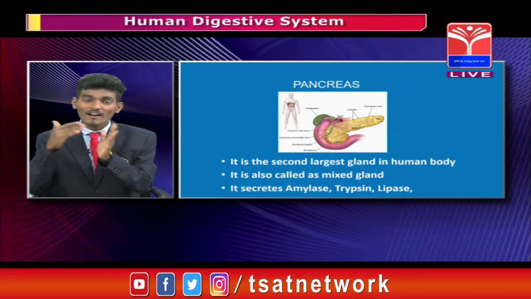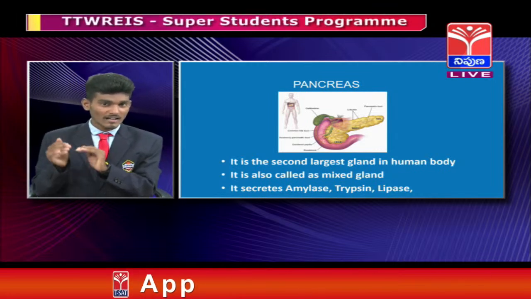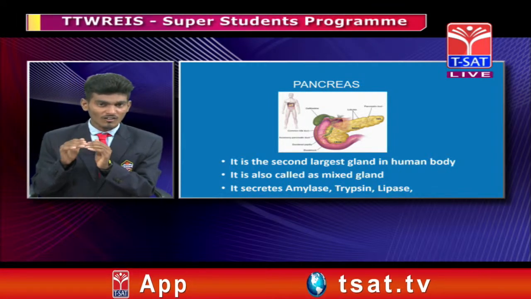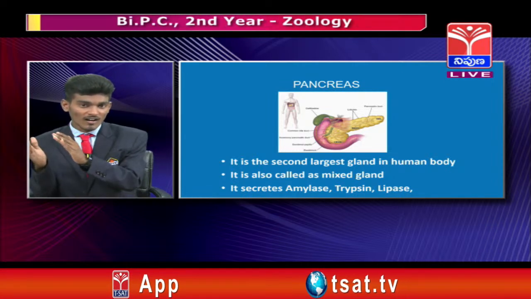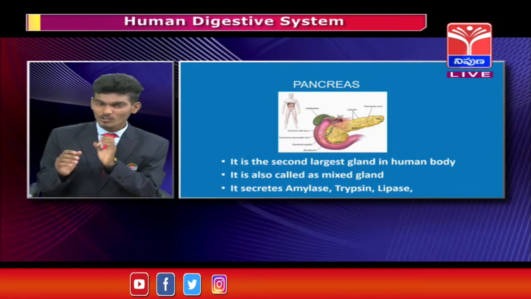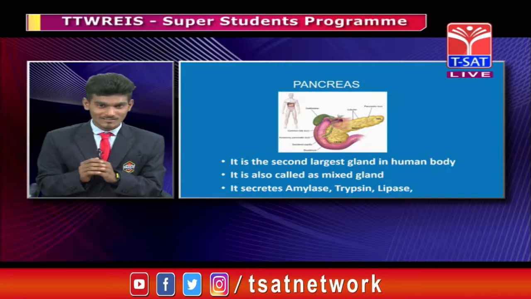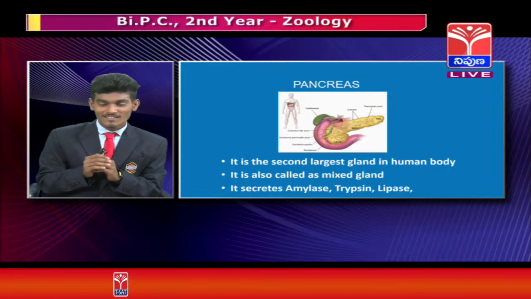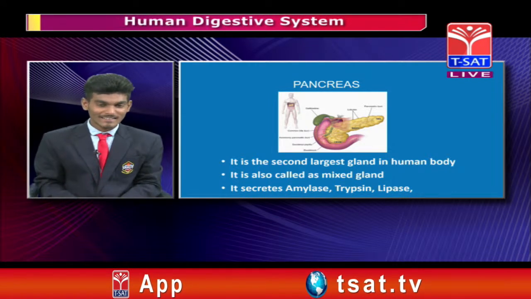Fats are converted through emulsification, where the large fat particles break down into small globules with the help of bile salt. Friends, now go through the next structure, the small intestine.